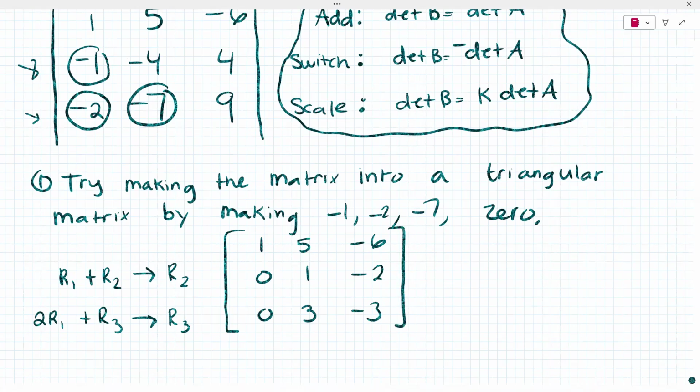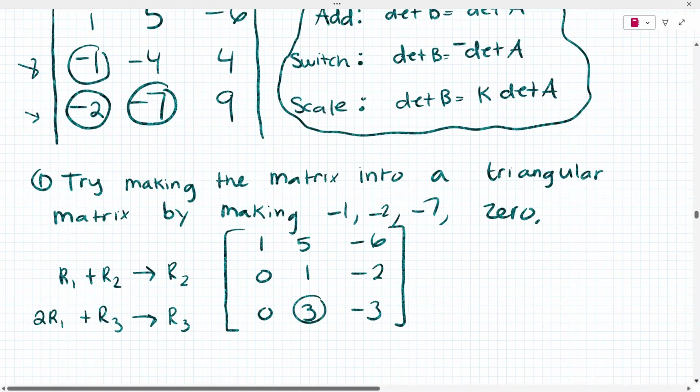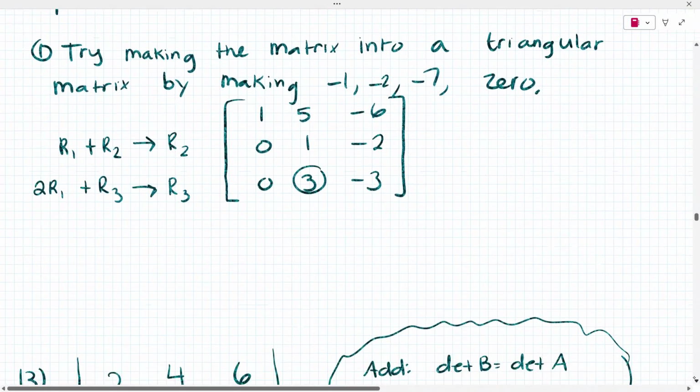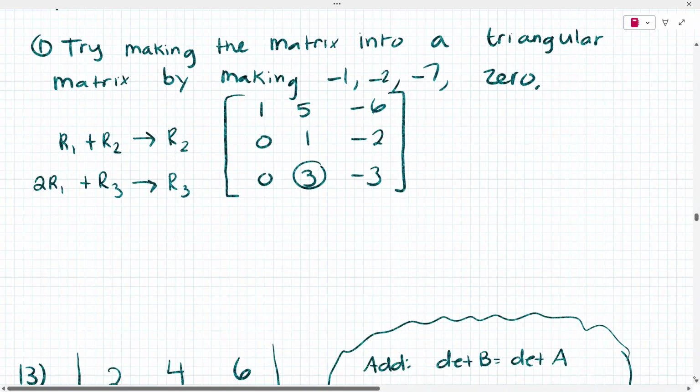The next thing I would do is make this 3 into a 0 because I really want that triangular matrix. So how would I do that? So let's mess with row 3.